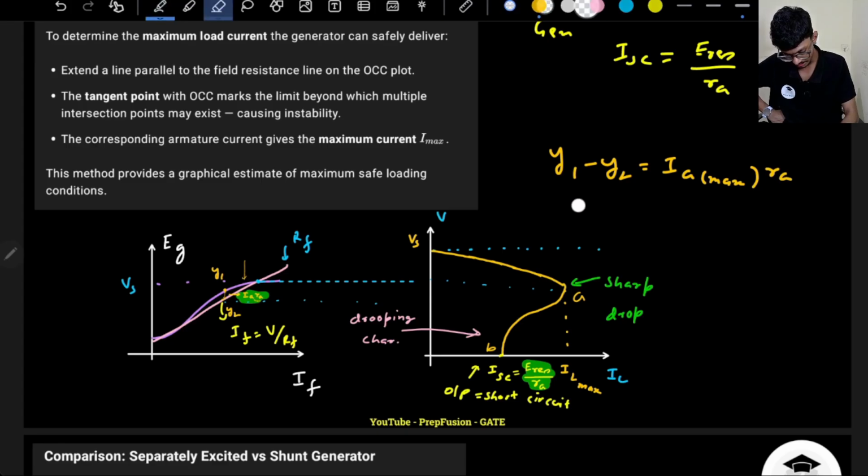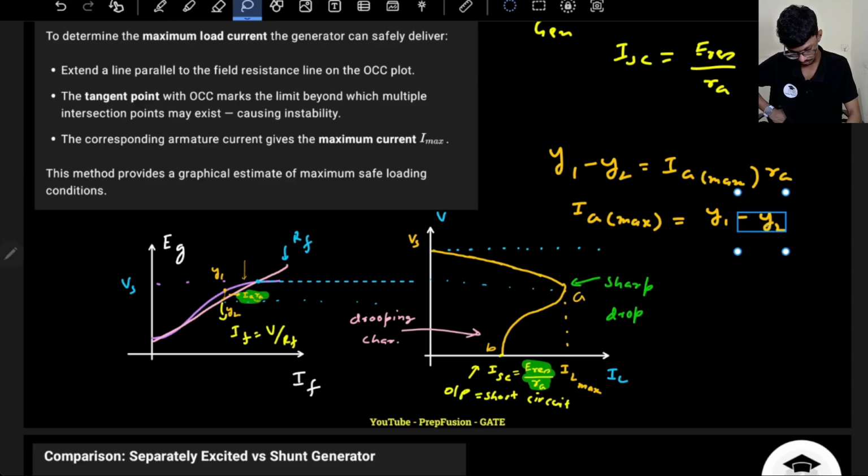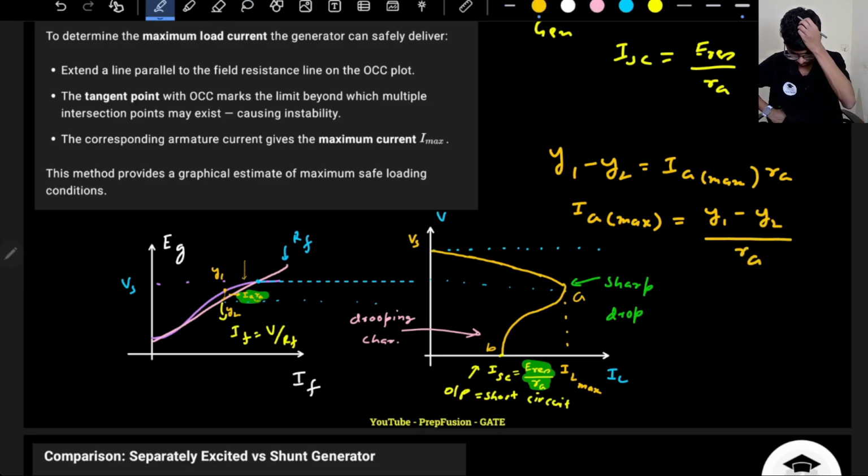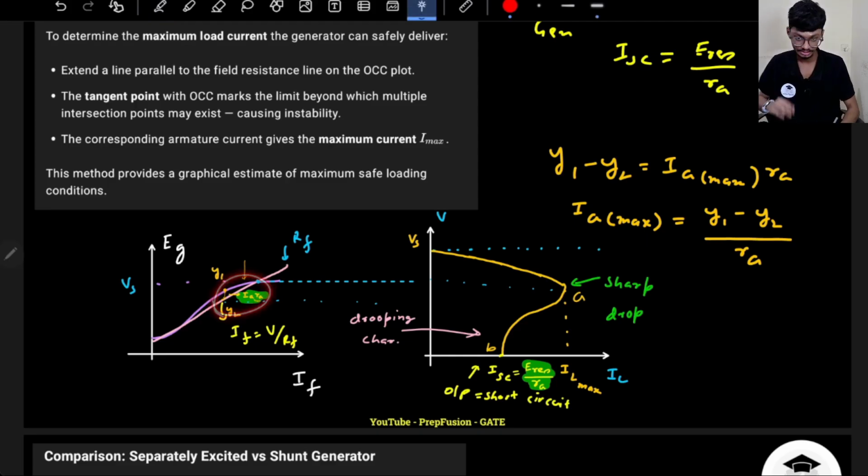So Ia max will be equal to y1 minus y2 divided by Ra. This is also another very important point in the graph.